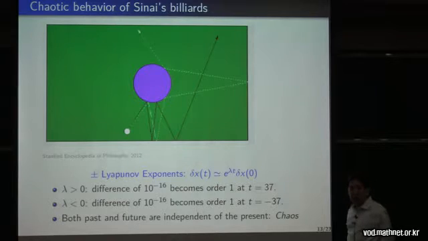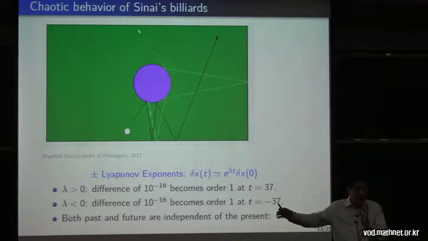So why does this result in essentially independent behavior? So chaos, as I said before, gives us essentially independent behavior of the present from the future and the present from the past. So let me give an example. Suppose that we just have numbers that differ by 10 to the minus 16th. So this is the double precision of modern day computers.